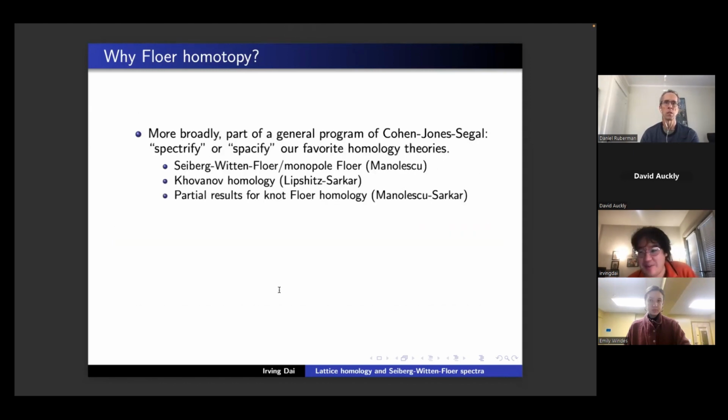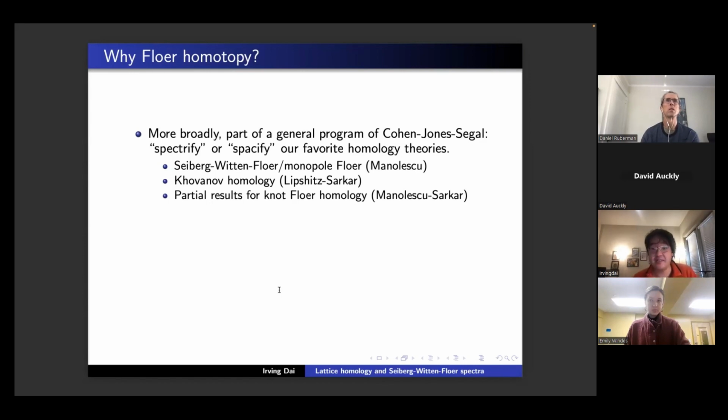I think in reality, if one asked somebody who did Floer homotopy, the honest answer would be you try to do it because you can, or because it's there. The idea of doing Floer homotopy is part of a very broad program, which involves all these different Floer homological invariants, Seiberg-Witten, monopole Floer homology, even other invariants like Khovanov homology or knot Floer homology.